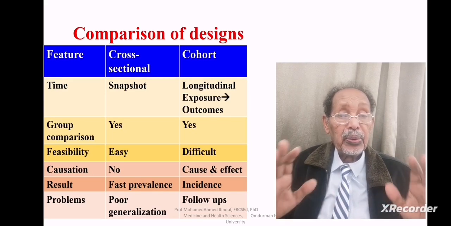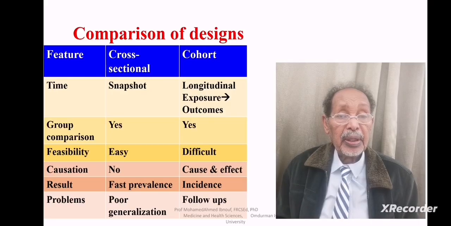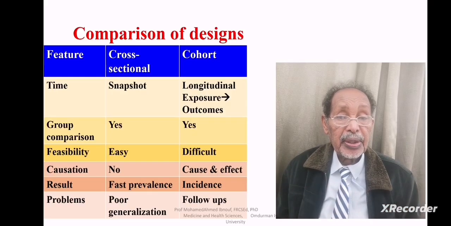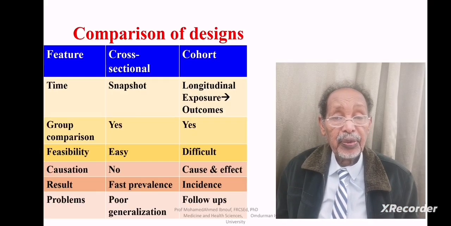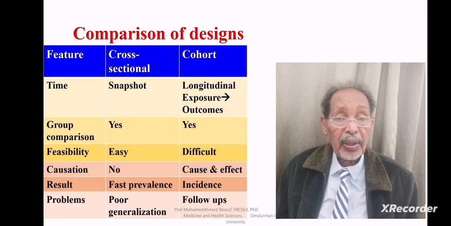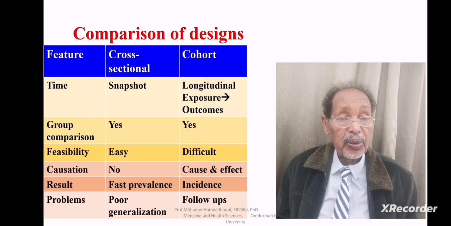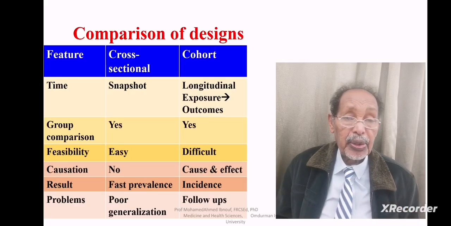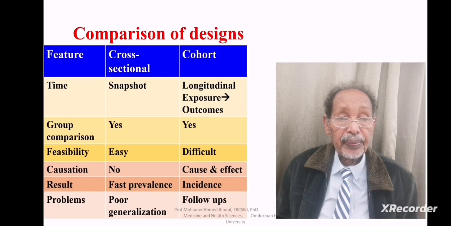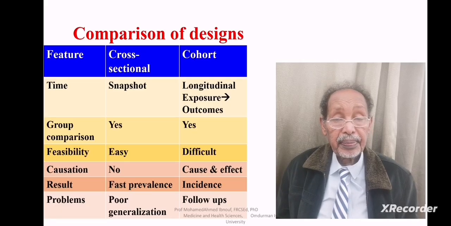Their preference is to stop giving answers for the questions in the research. They should feel free. And both are easy to do. However, the cohort study is more difficult and it takes a long time, and it costs a lot of money because of the follow-up.